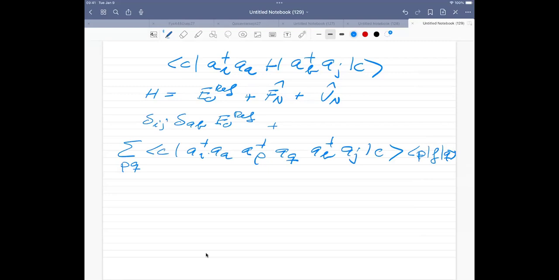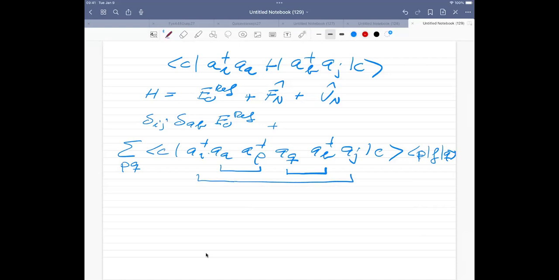If we look at this one, you may remember that we had only two possibilities which gave us something non-zero. We could have Q being contracted with B, A being contracted with P, but then the hole states are just bystanding states which are not affected by the operator.